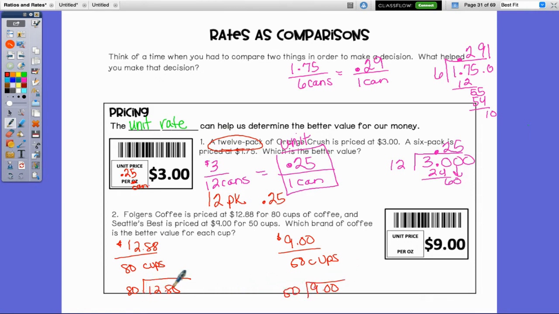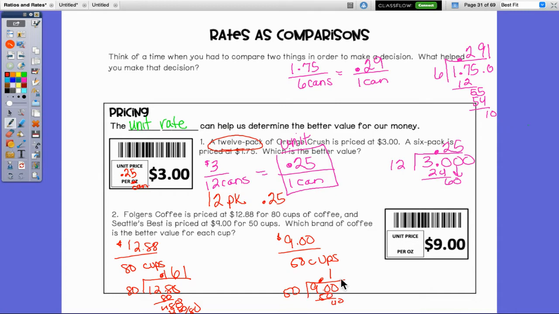80 goes into 128 one time. That gives me 488. 80 goes into 48 6 times. And that's 480 with a remainder of 8, 1. So I get 16.1 cents. And then if I do this one over here, 50 goes into 90 one time.